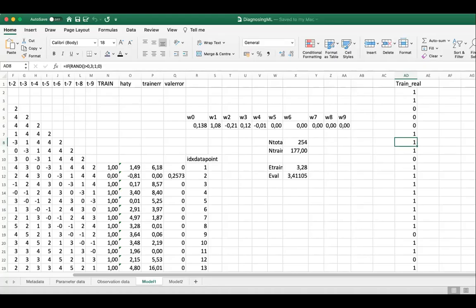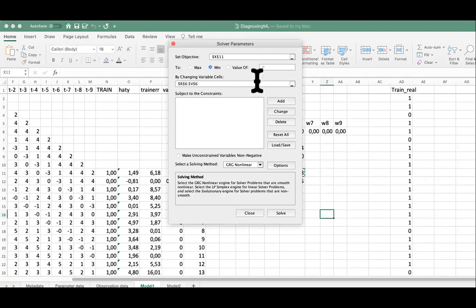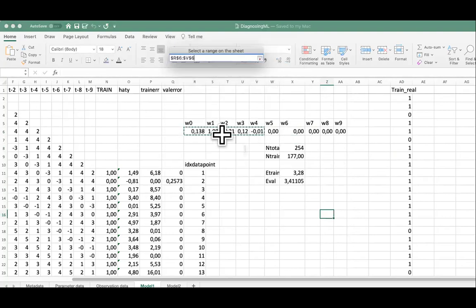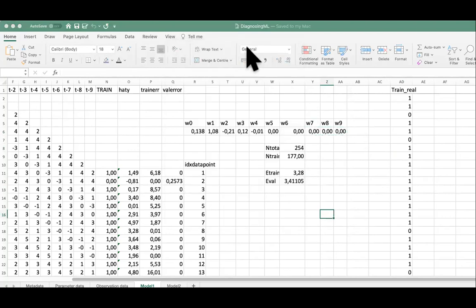When I started to first train model 1, I trained all the weights, but then this validation error was much larger than the training error. So let's look at it again. It's for free. Using the solver is for free, so let's use it. So now I solve this optimization problem, the training problem.